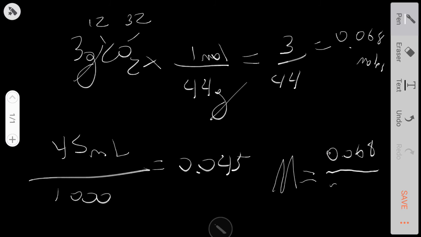So I have this many moles divided by 0.045 liters. That's going to give me a molarity of 1.511. Cool.